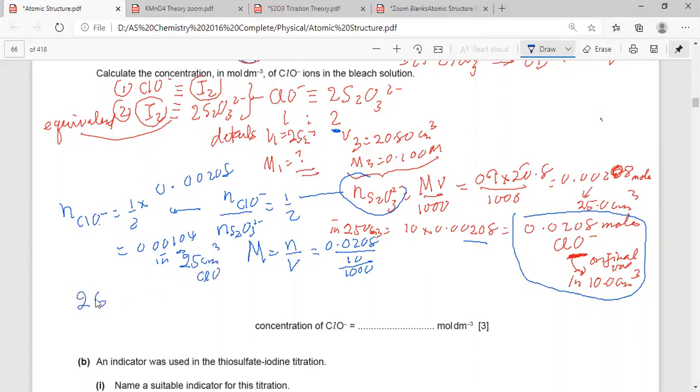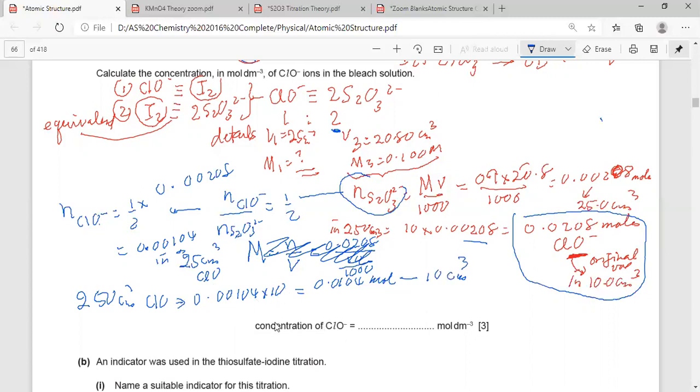For 250 cm³ of ClO⁻, how much is it? Times 10, is it? So 0.00104 times 10 is equal to 0.0104 moles. Now this is found in what? In 10 cm³. That's all.